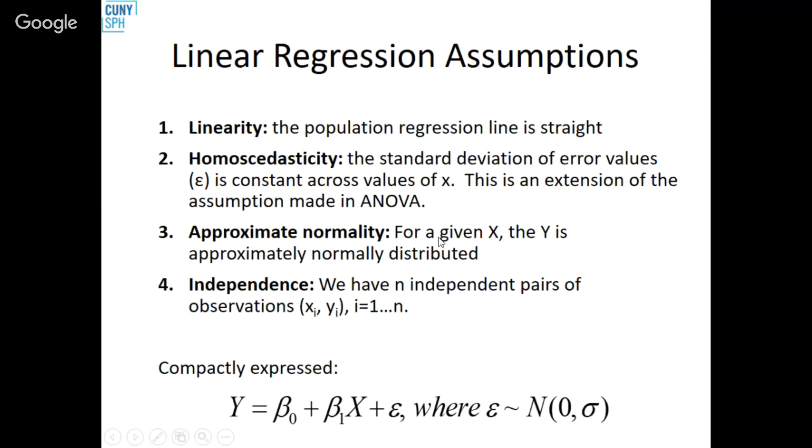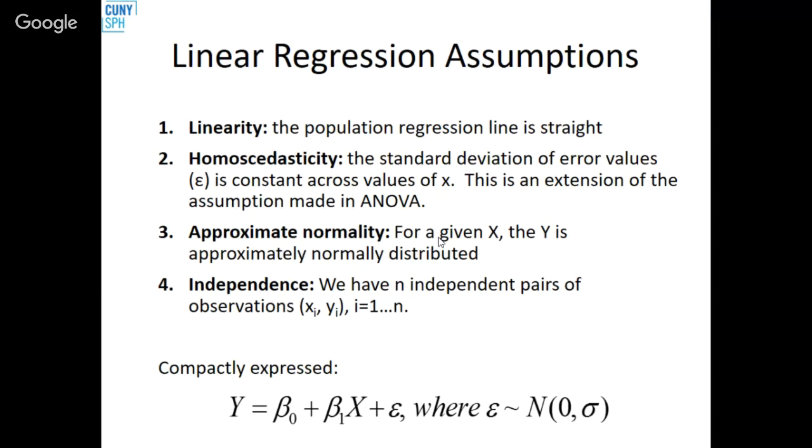But suppose we were to take a stratified sample of tall people and short people.